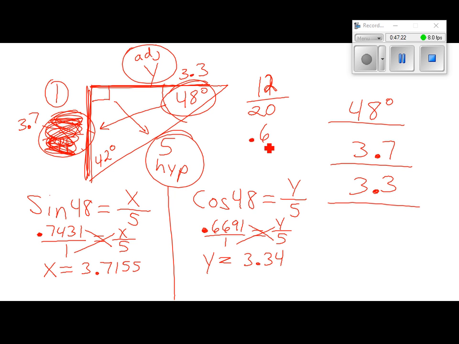So 0.6. That means what you have to do on the rest of the packet, we were going to take this away. So how much is left out of 100%?